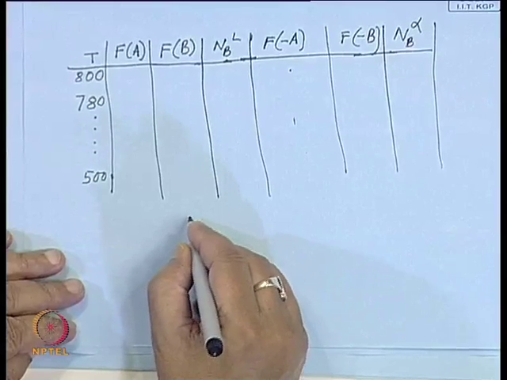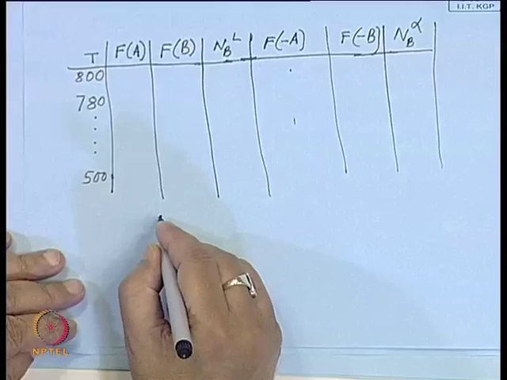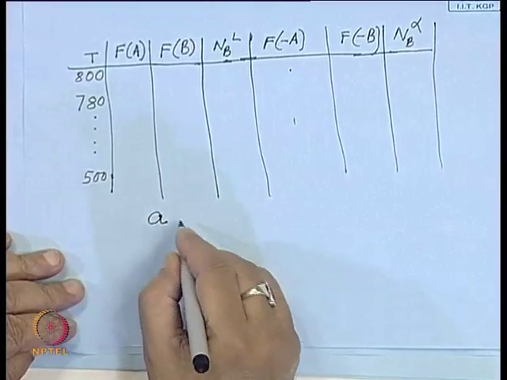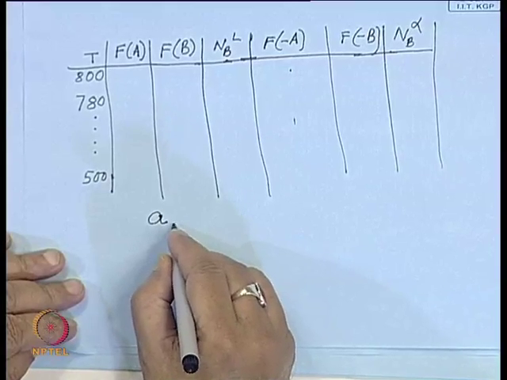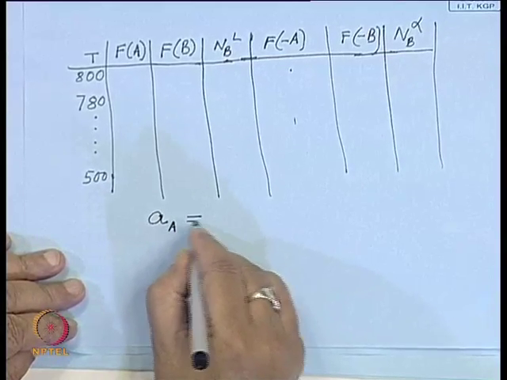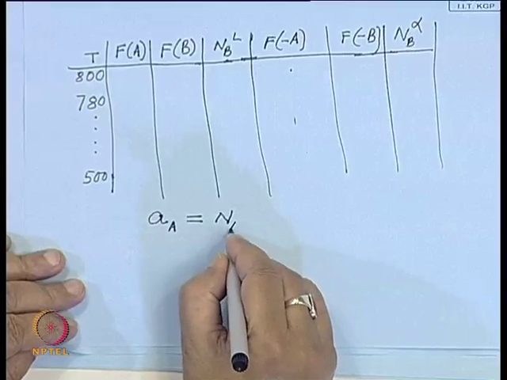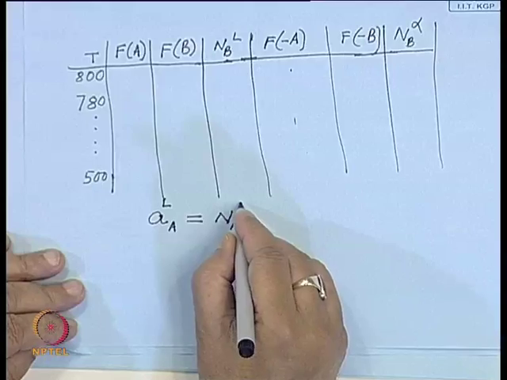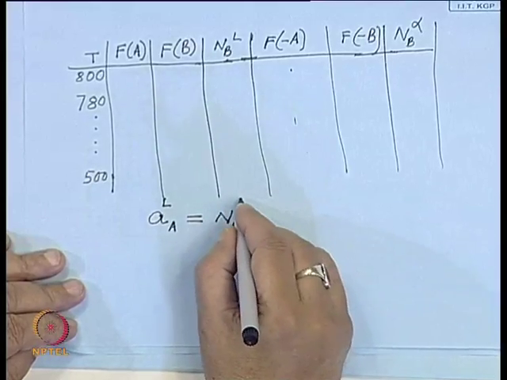Now, here all this calculation has been done with the assumption that the solution is ideal, and ideal solution means that the activity, which is the effective concentration of the species A, is equal to the mole fraction of A, whether it is in liquid or in solid.